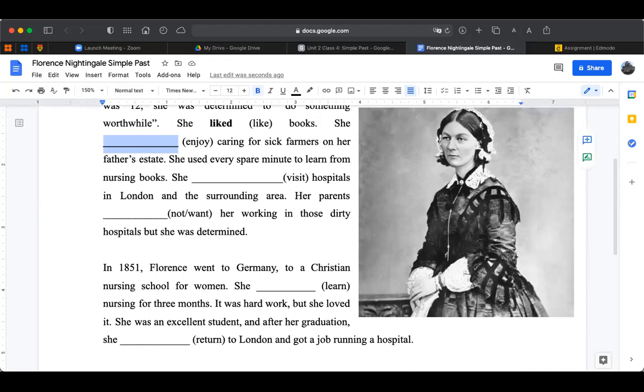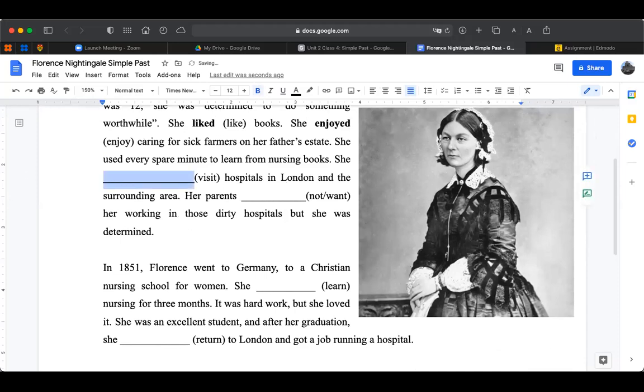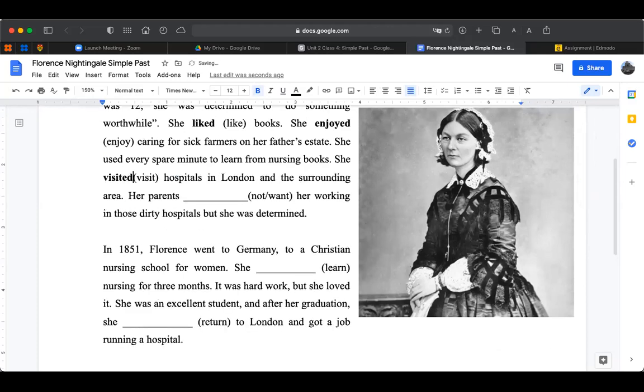She enjoyed caring for sick farmers on her father's estate. She used every spare minute to learn from nursing books. She visited hospitals in London and the surrounding area.